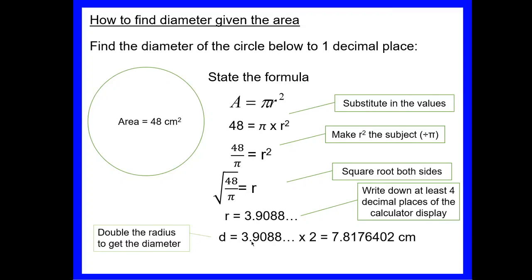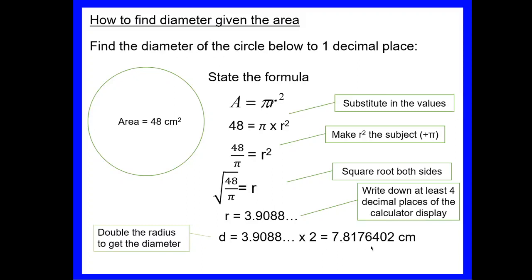And you can see here, I've put that same number with the dots, because that means I've kept whatever this long number was in my calculator and just then pressed times by 2 so that I don't get any rounding errors. So you can see now I've written a few more digits down just to show you that I used the whole number that was in my calculator rather than my rounded number.